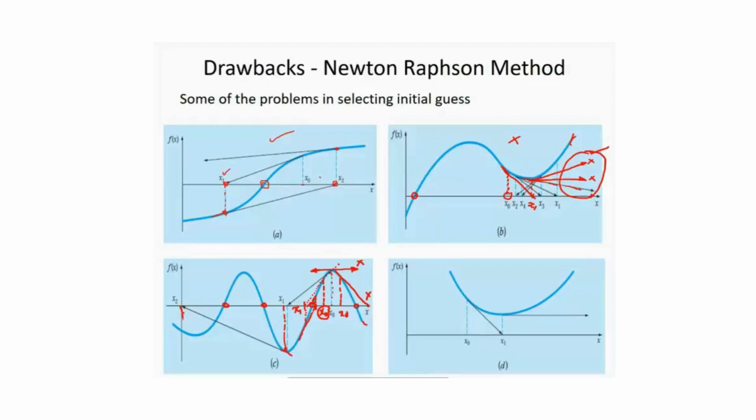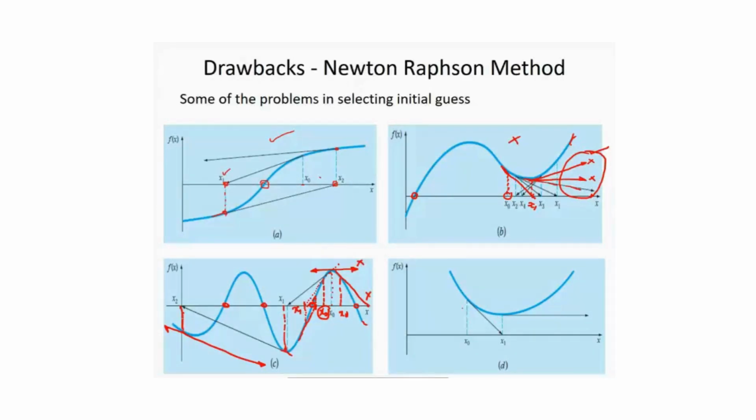Or for example, if it is touching here, and you draw a tangent like this, either in this direction or in this direction it is moving away from the roots. Actually the roots exist at these four locations, but in such functions the direction of the tangent is moving away from the root value.